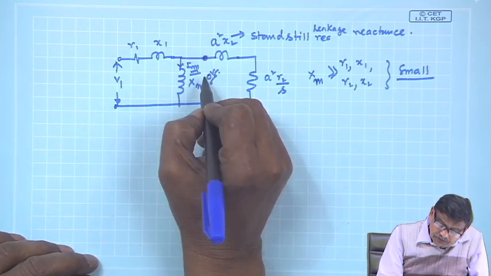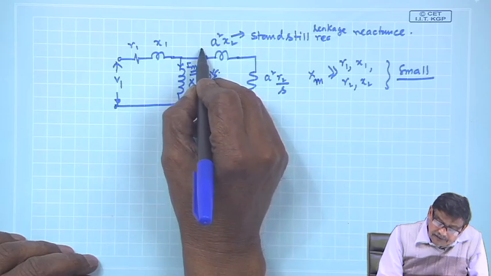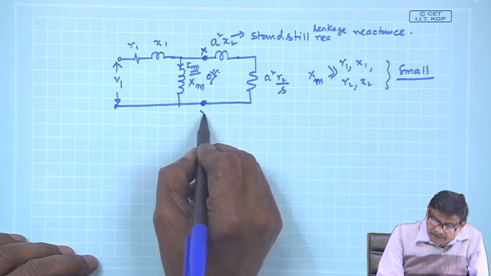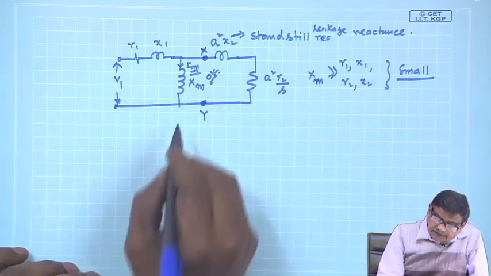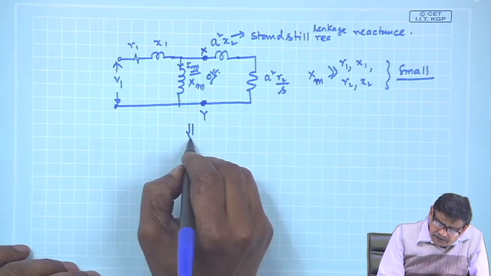Now, mark these 2 points, say X and Y, and look into this circuit.